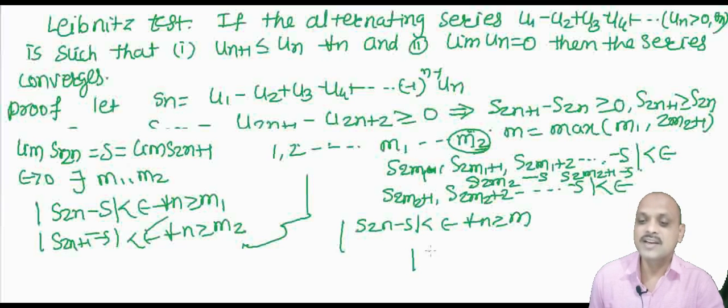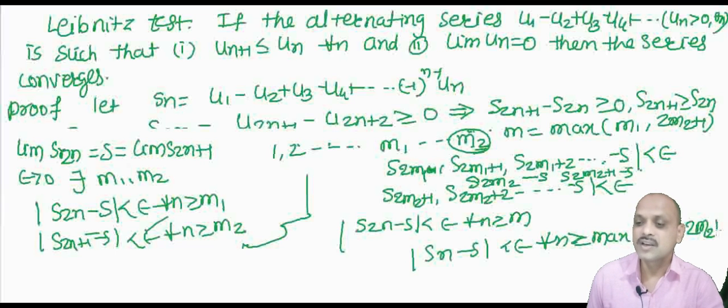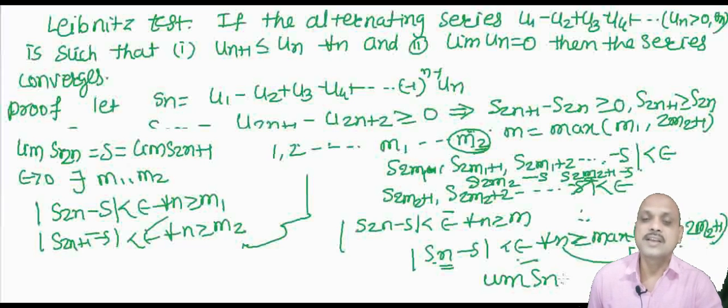That means Sn minus S is less than epsilon for all n greater than or equal to the maximum of 2m1, 2m2+1. Here I have taken this directly as n, so n is greater than this maximum, and we get Sn minus S is less than epsilon. Hence the limit of Sn is equal to S. Therefore the series is a convergent series. This is the proof of this.